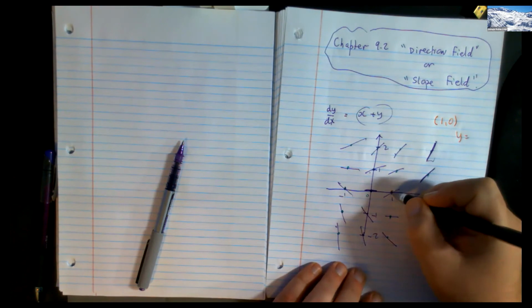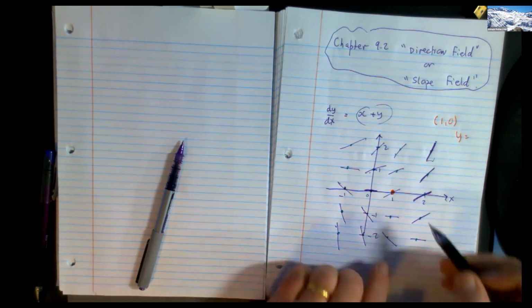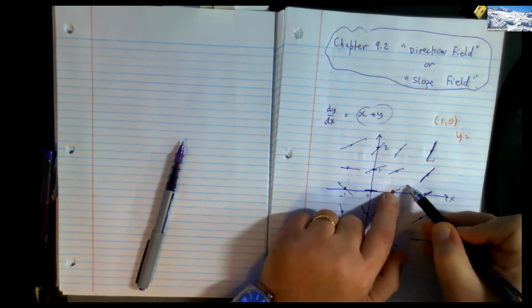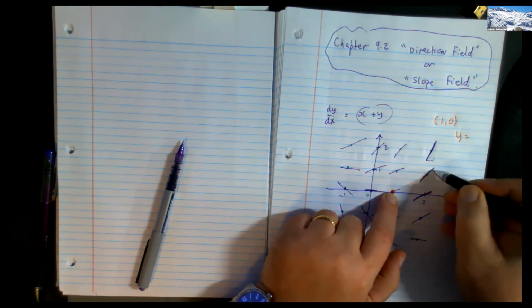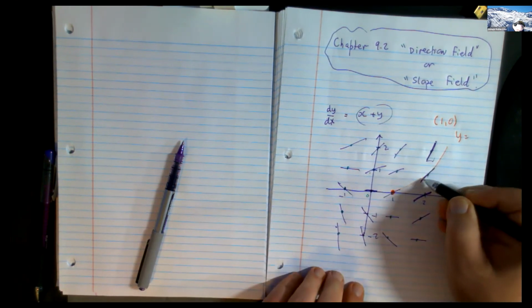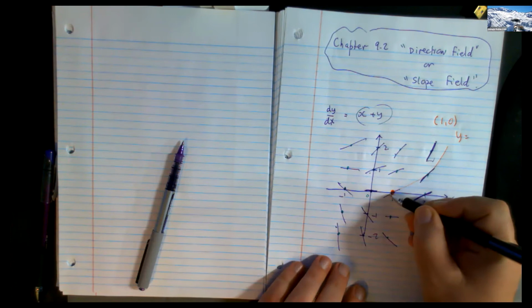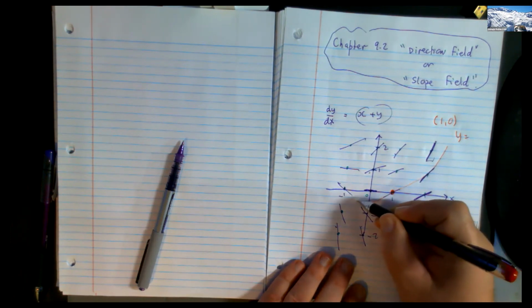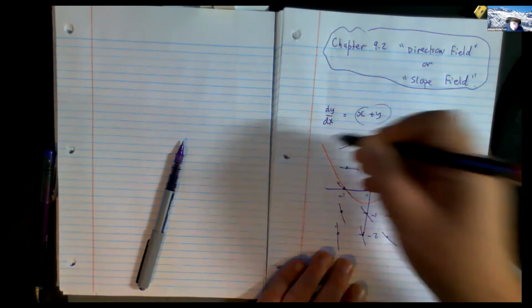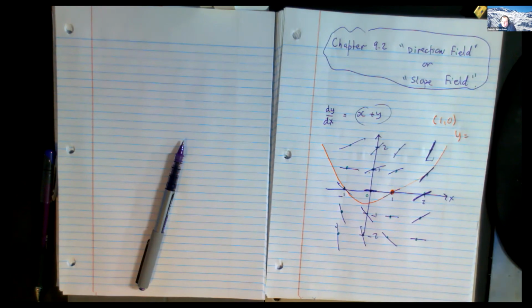So I know it's here. It's pointing that way, and then it gets to here and it points that way. So can you imagine it would go like that? Now it's going to point this way, it's going to hit this one, and then it's going to curve up like that. Do you see that that gives me an idea that this particular one might look something like that?